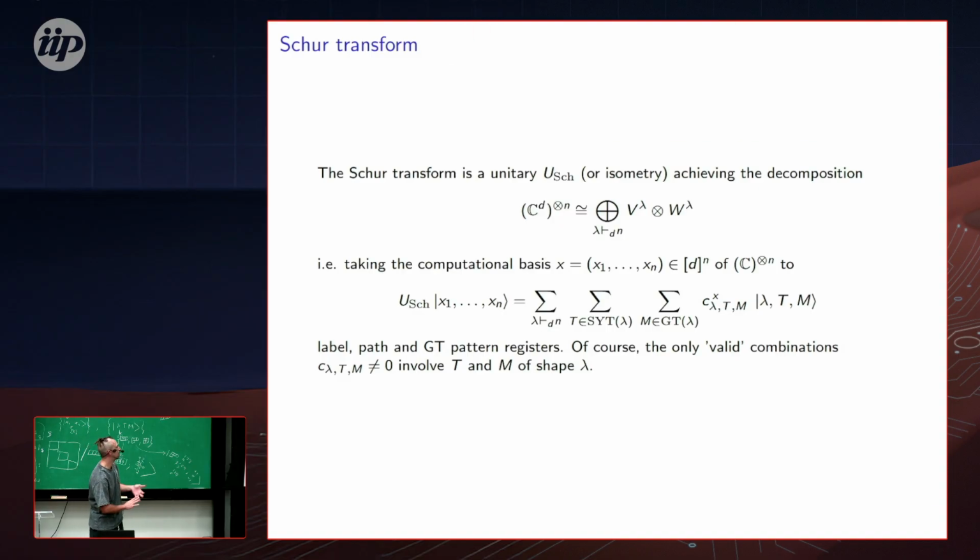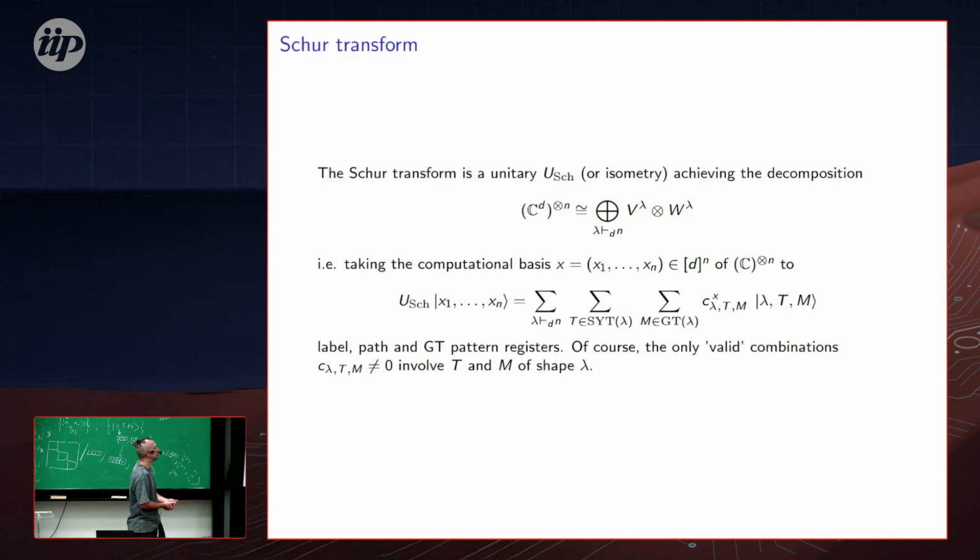So we said this many times. It's a unitary that achieves the block diagonal form of the permutation and unitary action. It takes the computational basis to, this is literally the equation I wrote there, right? For the matrix elements, without saying explicitly what the matrix elements are or how to compute them. But you can think of lambda T m as a state, and you can define it as a linear combination of the computational basis, or you can think of lambda T m as a tensor of registers.